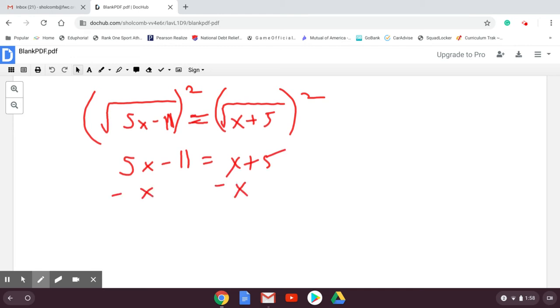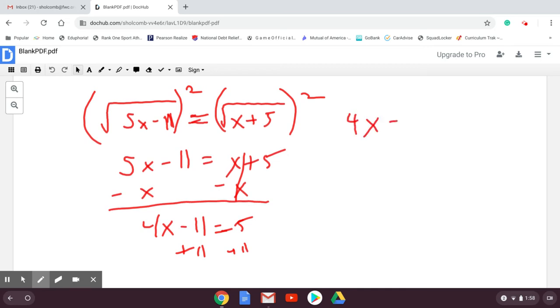We'll then subtract the x, get 4x minus 11 equals 5, then add the 11, and we end up with 4x equals 16, or x equals 4. And so there's a possibility there.